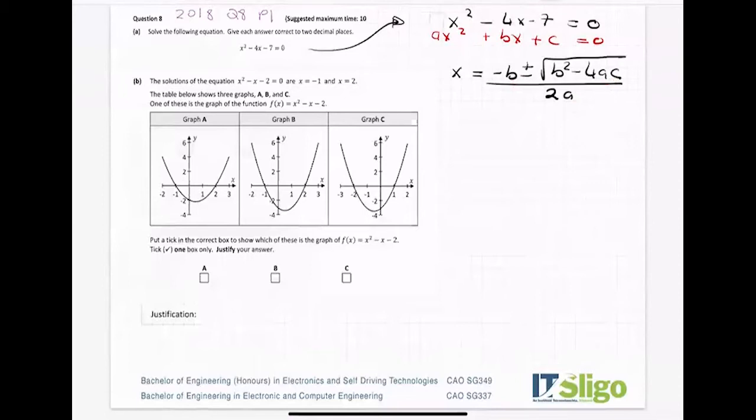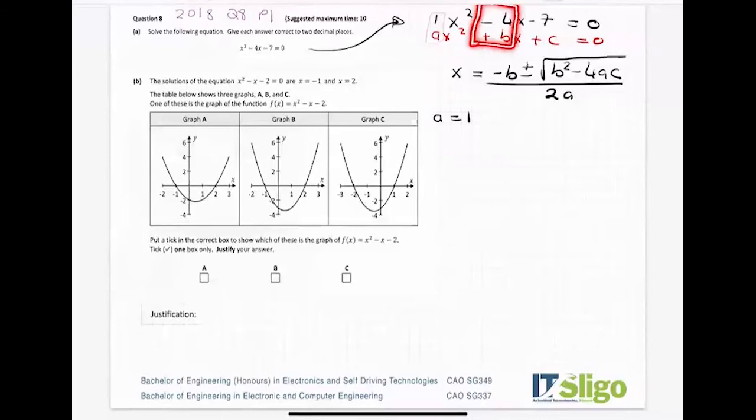a is the number in front of x squared. And you see in this one, there's no number in front of x squared, but there's the number 1. When there's no number, it couldn't be 0 because then there'd be no x squared term. It's 1. b is the number in front of x.